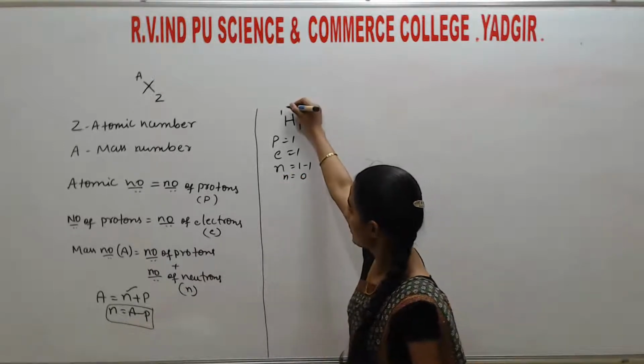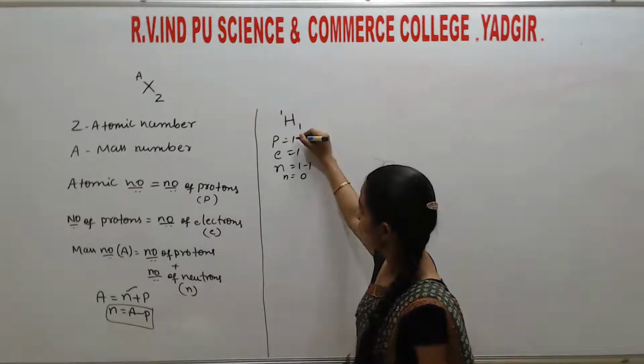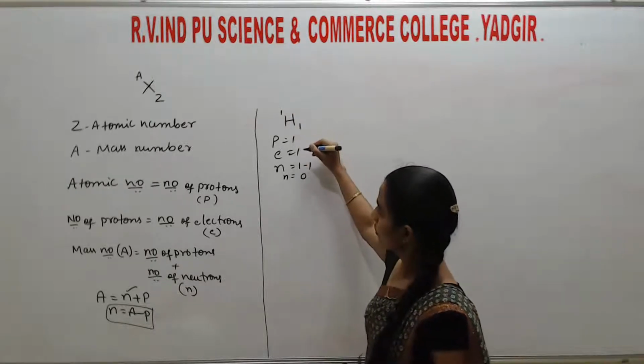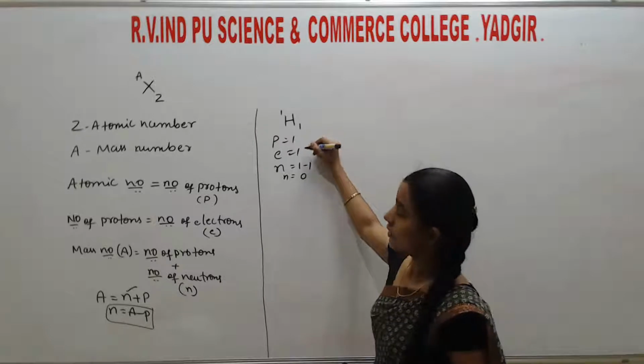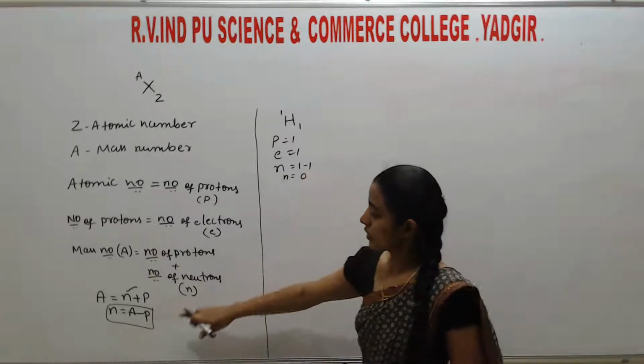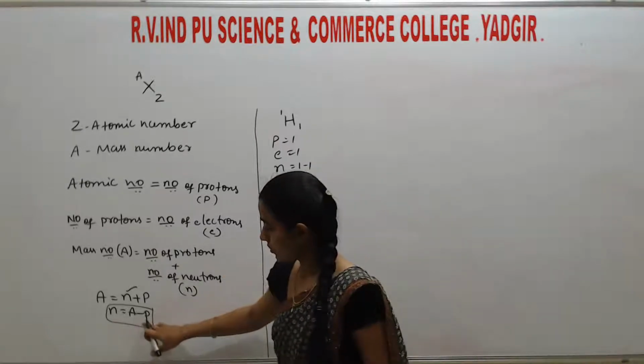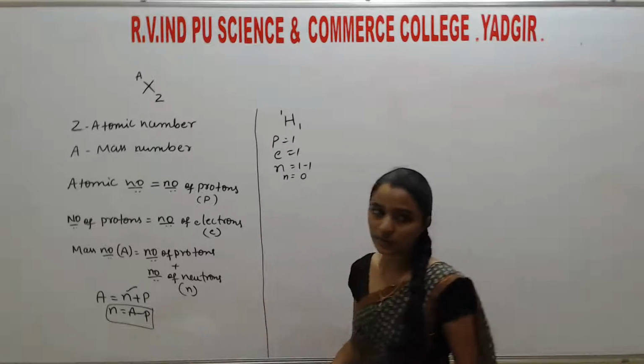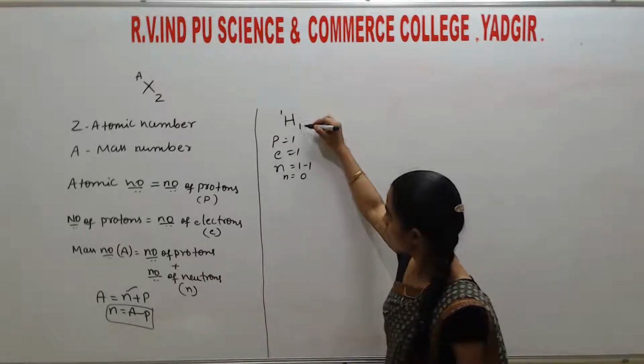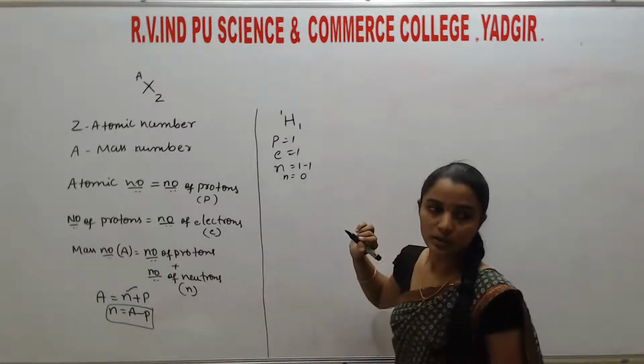This is Z, this is A. Number of proton is equal to number of electron. So for the number of neutron, here I wrote atomic mass minus number of protons. Atomic mass is 1 minus 1, that is 0.